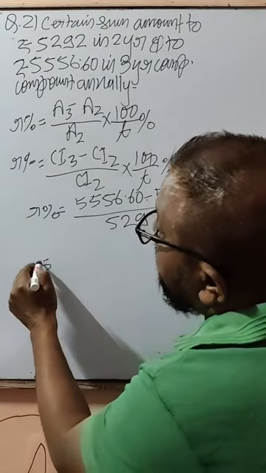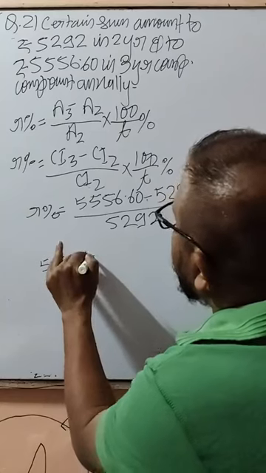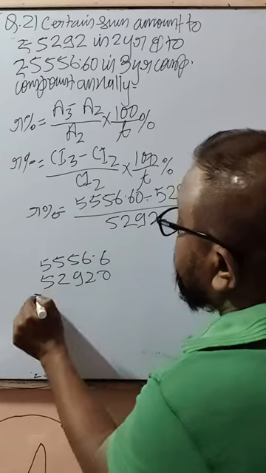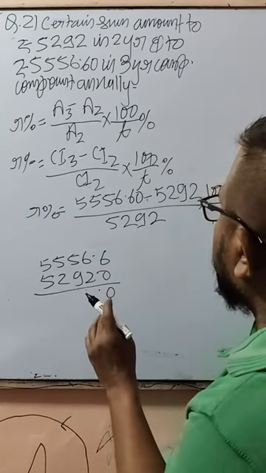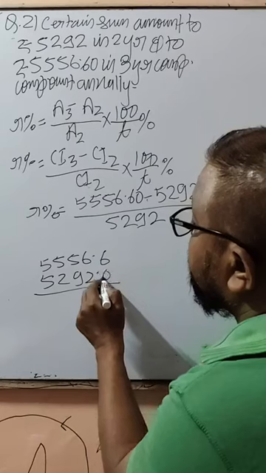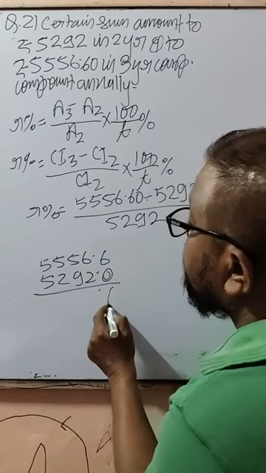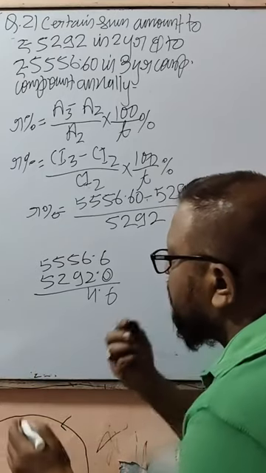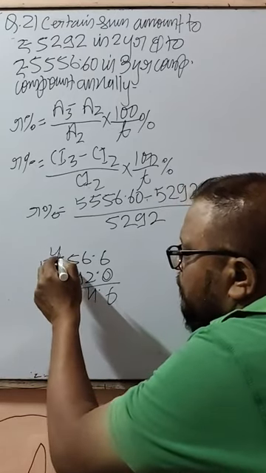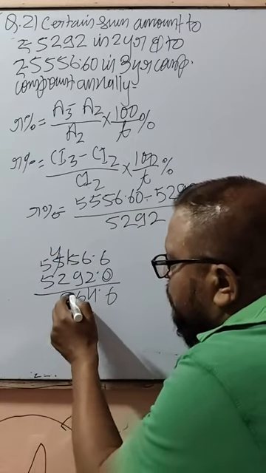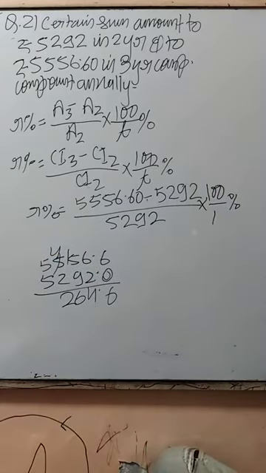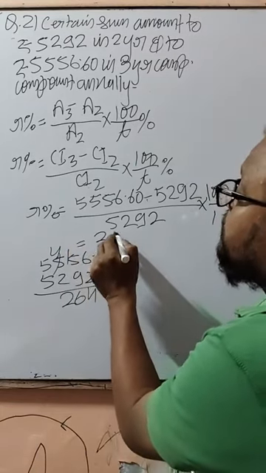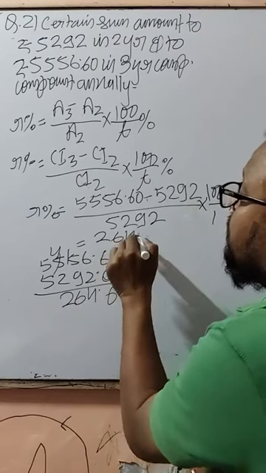When you subtract 5556.6 and 5292.0, we get 264.6.